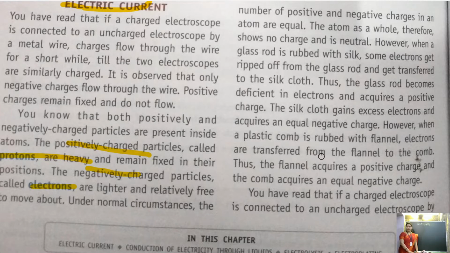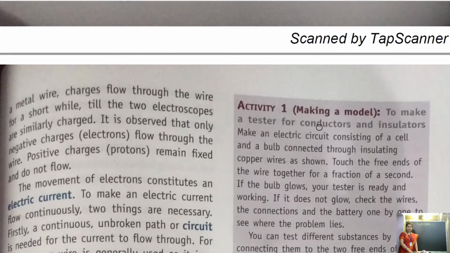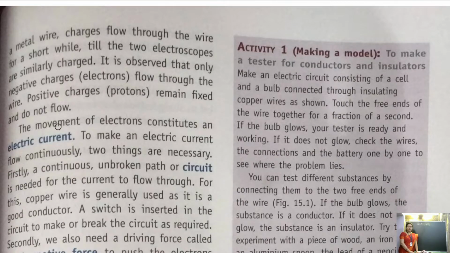We have positive charges and we have negative charge. Positive charge is called proton and negative charge is called electron. So in an atom, we have two types of charges that we have also discussed. Okay. Now, the movement of electron constitutes an electric current.